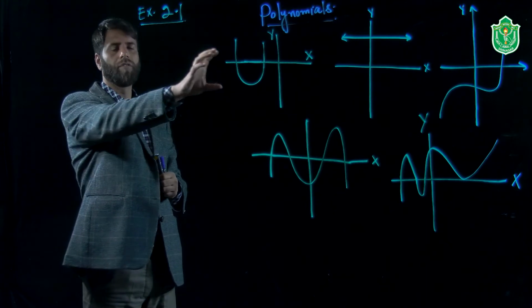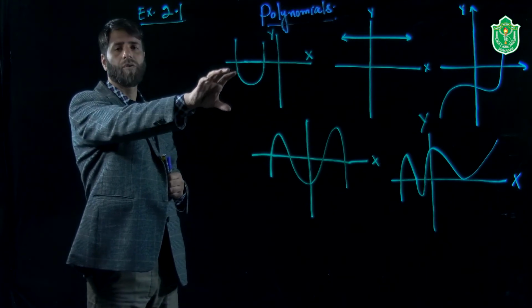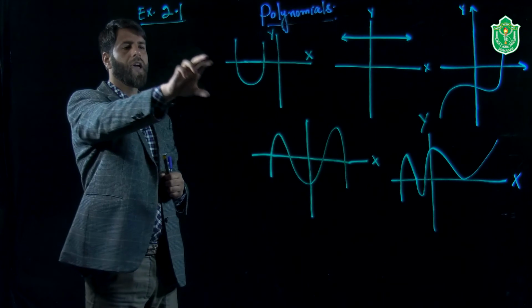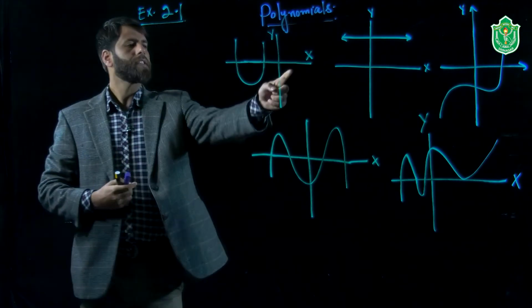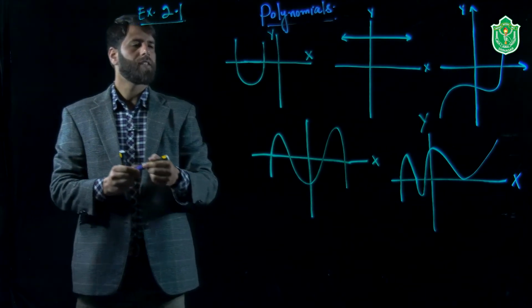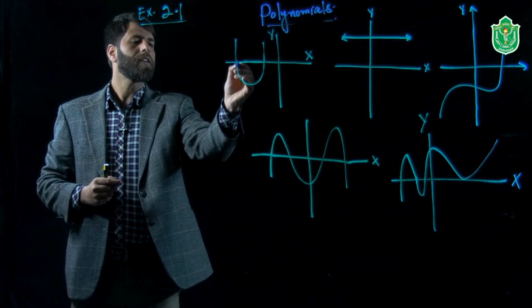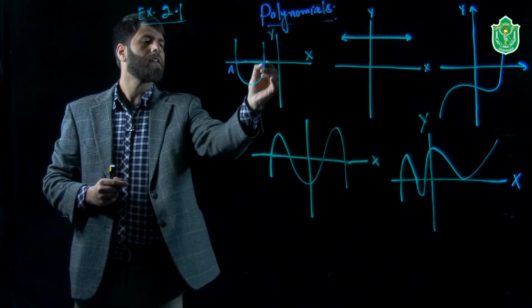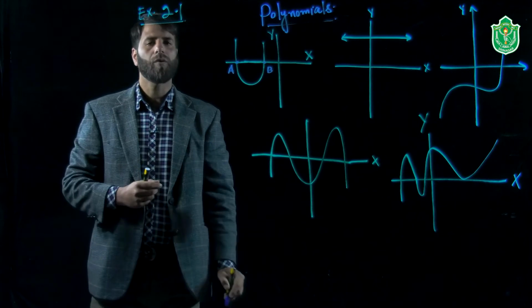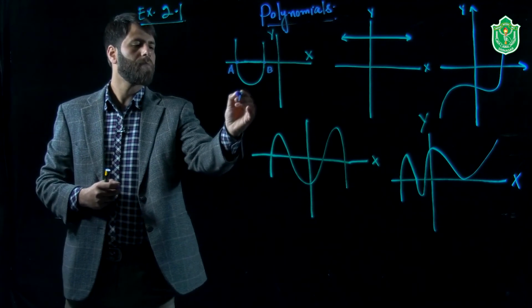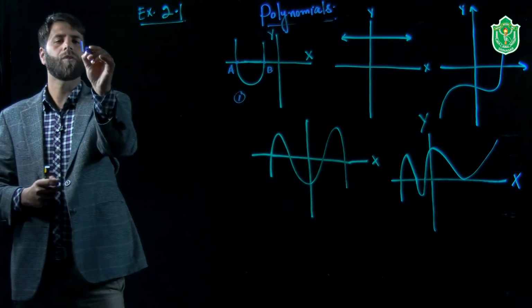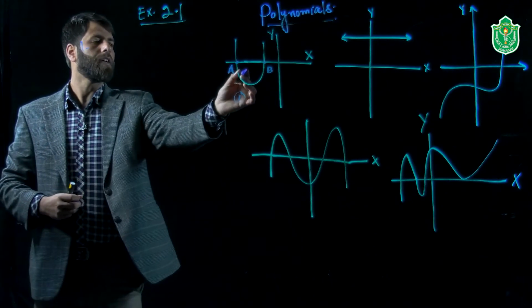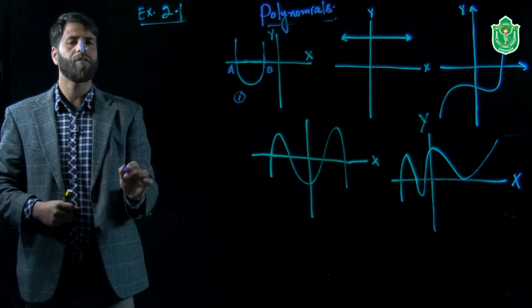We have to calculate the zeros of the polynomial. Suppose we have question number first here. This is the x-axis and this is the y-axis. This is an upward parabola here. It will intersect the x-axis at this point and this point. So we have to calculate the number of zeros. In part first, we write here it will intersect the x-axis at exactly 2 points.